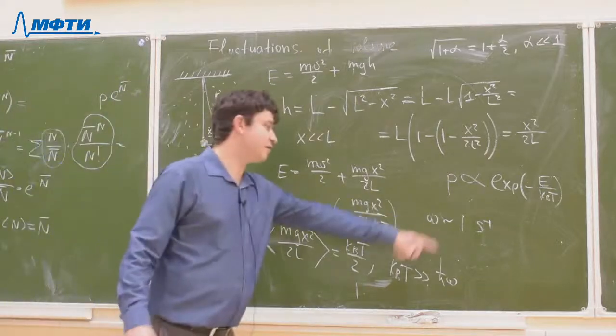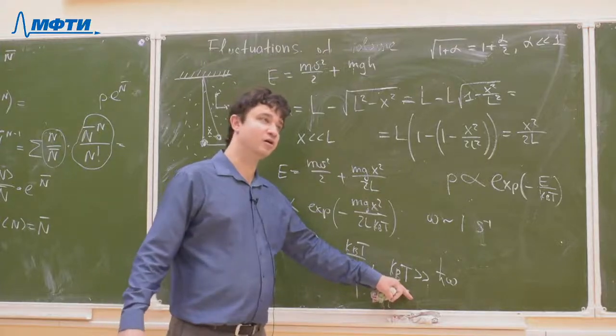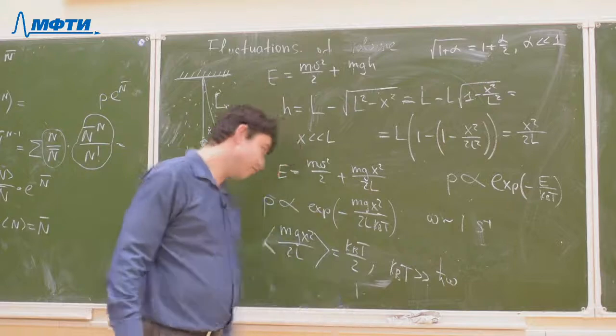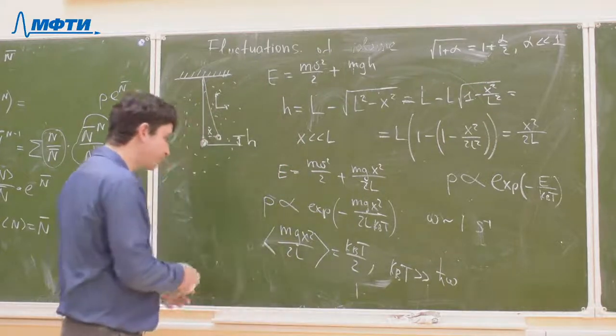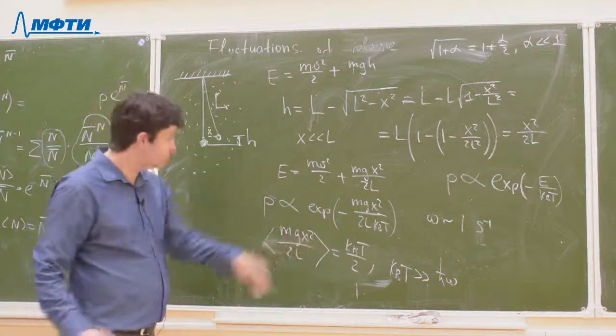And if this is valid, then for room temperature and even for low temperatures, this condition is always satisfied. That means that we can apply the equipartition theorem to this oscillator.